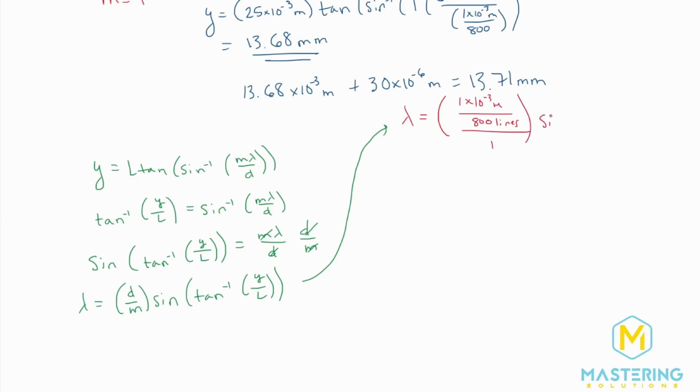And then sine inverse tangent of y, which we said is 13.71. We need that in meters, so 13.71 times 10 to the negative 3 meters. All of that is over, let's see, we said L, and in this case, our L is 25 times 10 to the negative 3 meters.